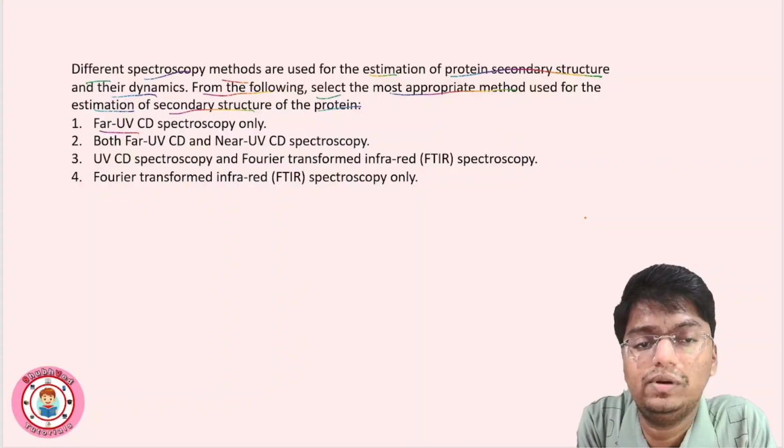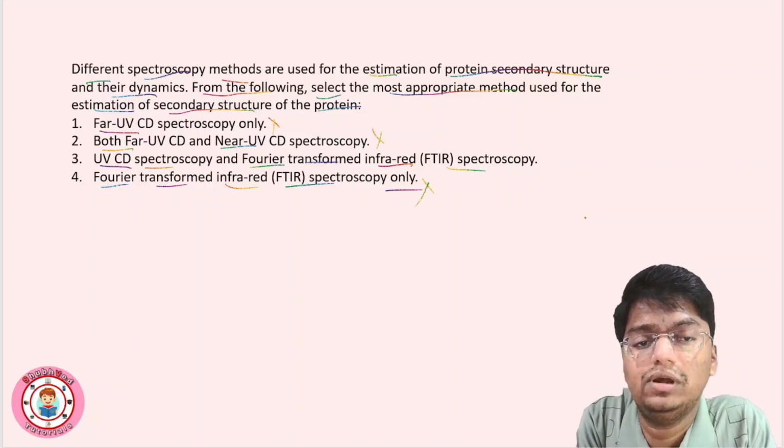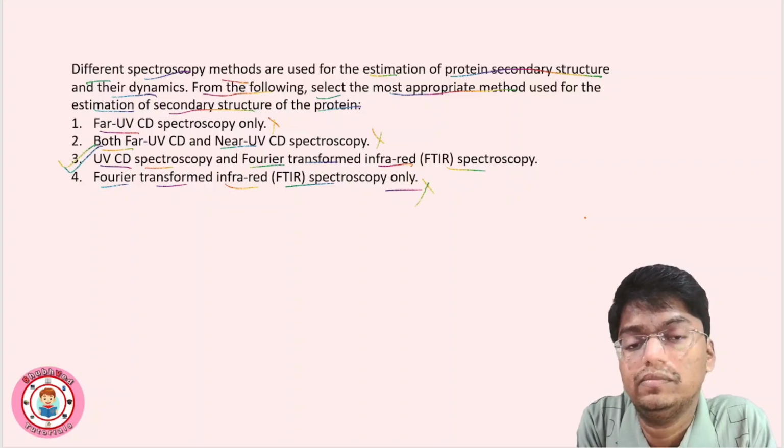Then in option 2 it is both far UV and near UV. In option 3 it is UV CD spectroscopy and FTIR spectroscopy. And in 4 Fourier transform infrared FTIR spectroscopy only. So these are not the options 1, 2 and 4. 3 is correct because both of these methods are used for secondary structure determination of proteins.